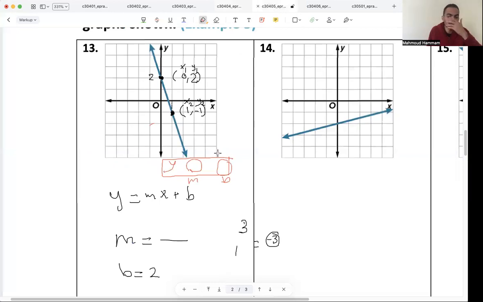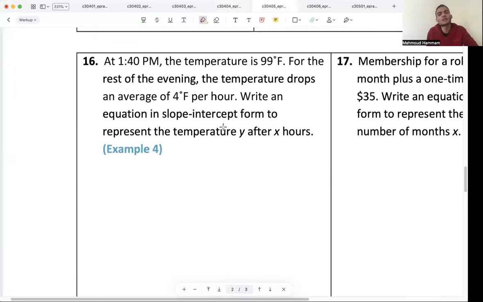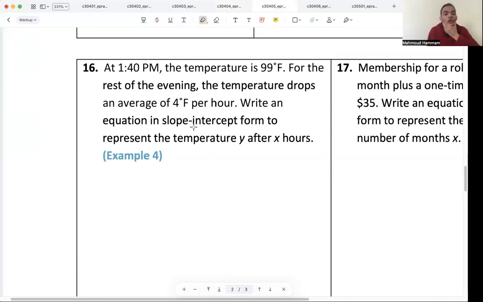Let's see if I have a b. Another word problem, but it has a b. How do I know? At 1:40 p.m., the temperature is 99 degrees Fahrenheit. For the rest of the evening, the temperature drops. So where did it start? At 99.